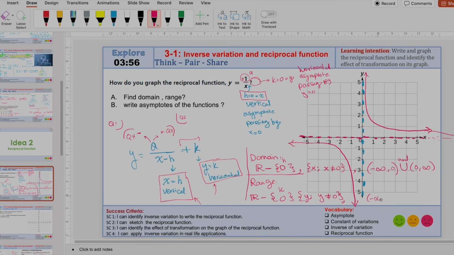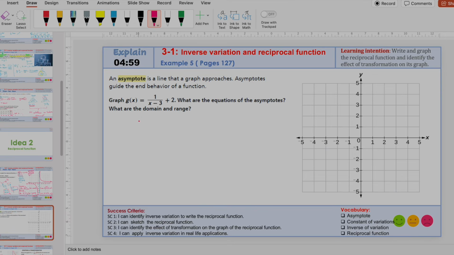Same here, from negative infinity to 0 and from 0 to infinity. All of these are accepted. You can use this one or this one or this one, either with brackets or set builder notation or this different one.